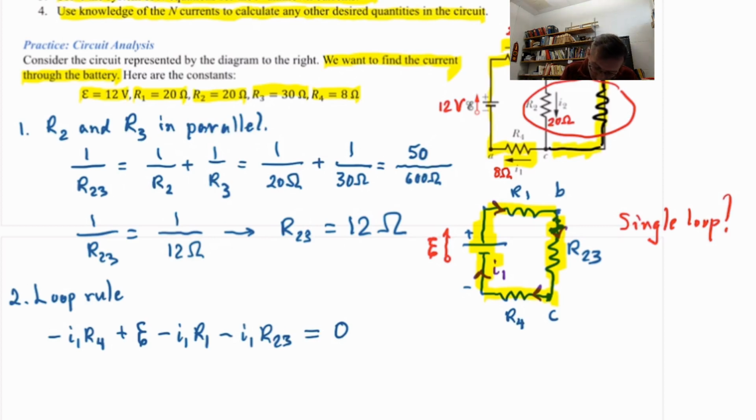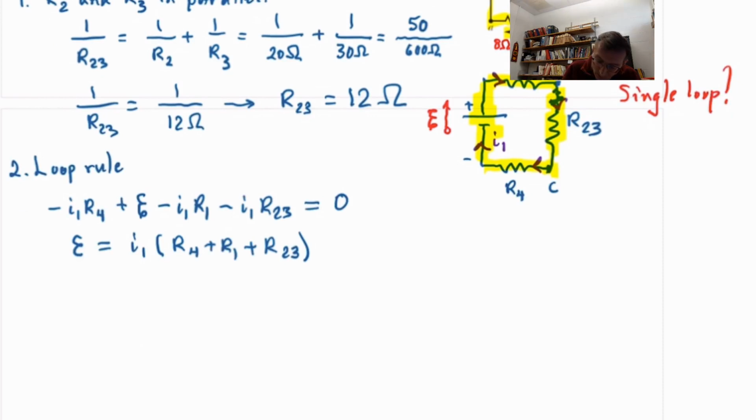So we're going to solve for it just using algebra. I'll write it like this: curly E equals I1 times R4 plus R1 plus R23. Solving for I1, it's curly E over R4 plus R1 plus R23.